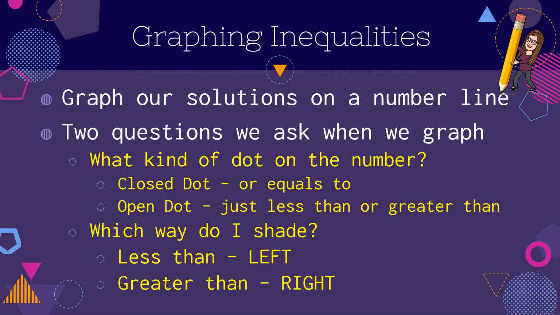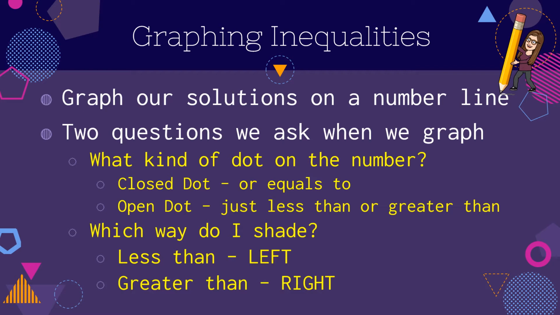Now, you've probably dealt with that before, but where we're really going to expand our understanding is graphing our solutions on a number line. So in your notes, I have a spot for the yellow writing. When we graph on a number line, we want to think about two things. First, what kind of dot am I going to draw on the number we're discussing?